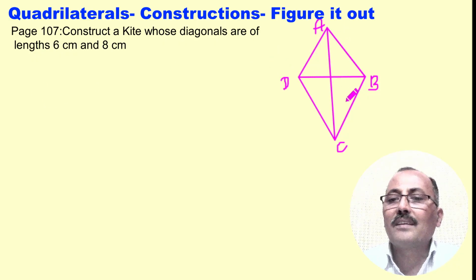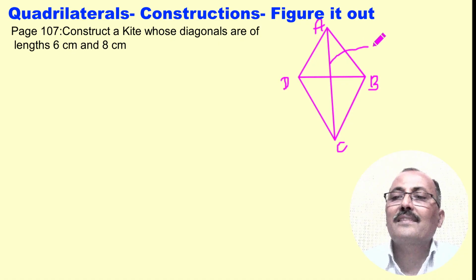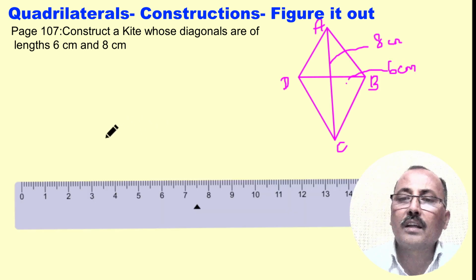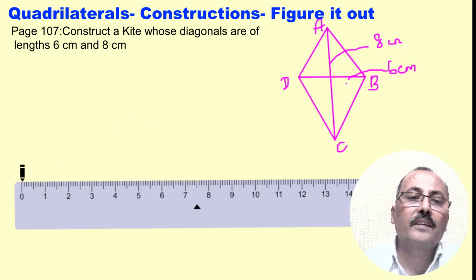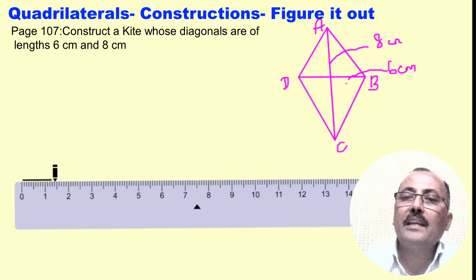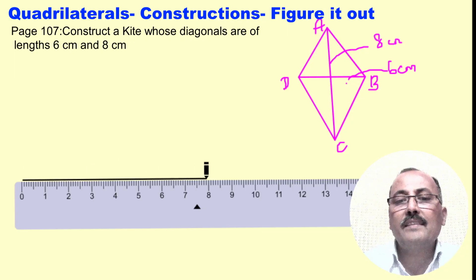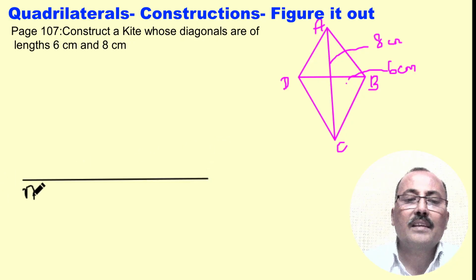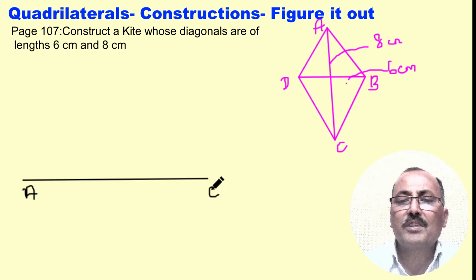So what is the length of these two diagonals? One is given as 8 centimeter and another one is given as 6 centimeter. Take the ruler and draw the length AC. AC equal to 8 centimeter I am going to draw. This is AC, 8 centimeter.